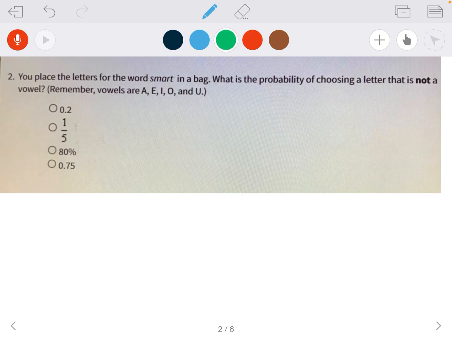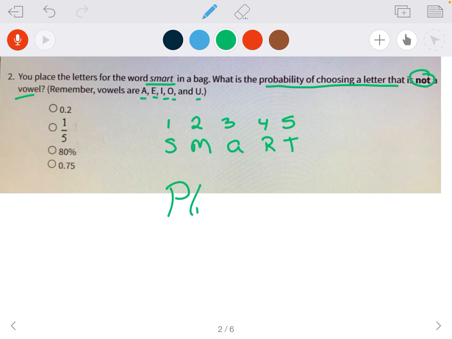Let's move along. You place the letters of the word smart in a bag. What is the probability of choosing a letter that is not a vowel? So the vowels are A, E, I, O, U. So let me just write S, M, A, R, T. All right, so how many letters do I have here? 1, 2, 3, 4, 5.